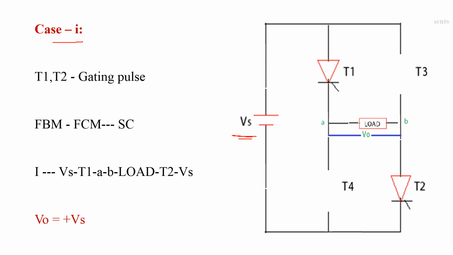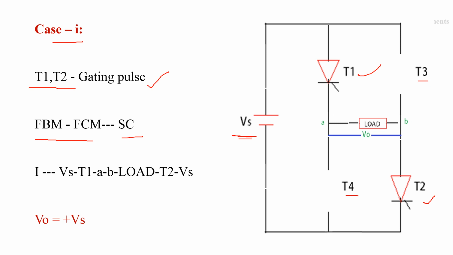Now we are going to give the gating pulse to thyristors T1 and T2 in the first case. Due to the application of gating pulses, thyristors T1 and T2 come from forward blocking mode to forward conducting mode and act as a short circuit, and remaining 2 thyristors, that is T3 and T4, act as a open circuit.